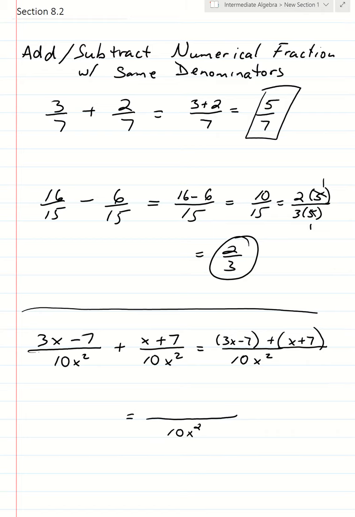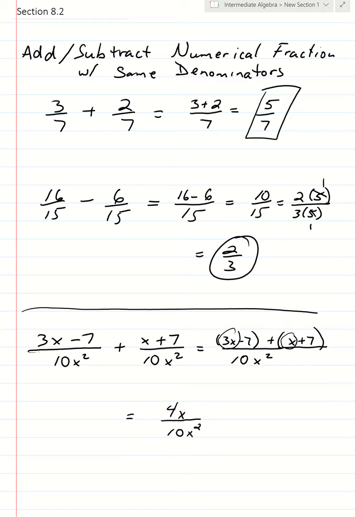So if I take this 3x and I add to it a 1x, that would give us a 4x. And then if we take the negative 7 and add to it the positive 7, that gives us 0. So we are left with a 4x over a 10x squared.